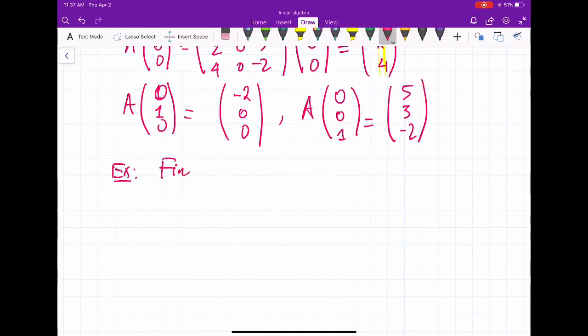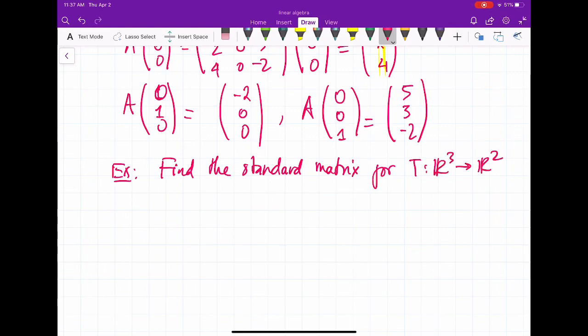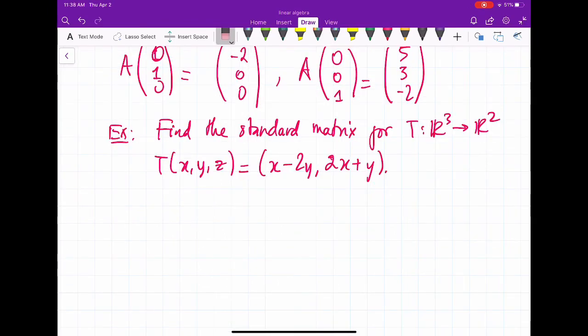We need to find the standard matrix for the following linear transformation from R3 to R2 such that T(x, y, z) equals (x minus 2y, 2x plus y). Look at this.